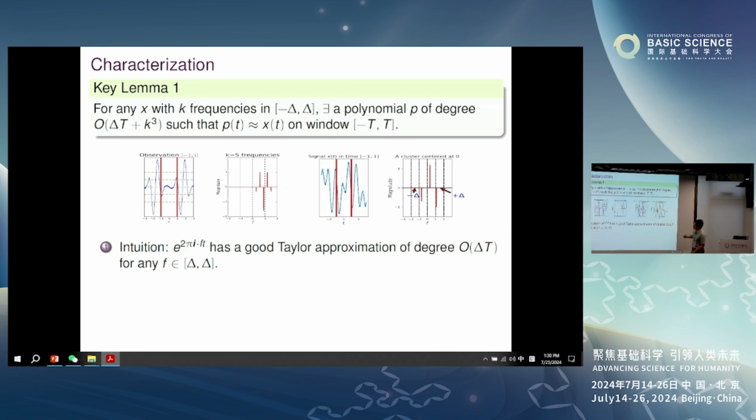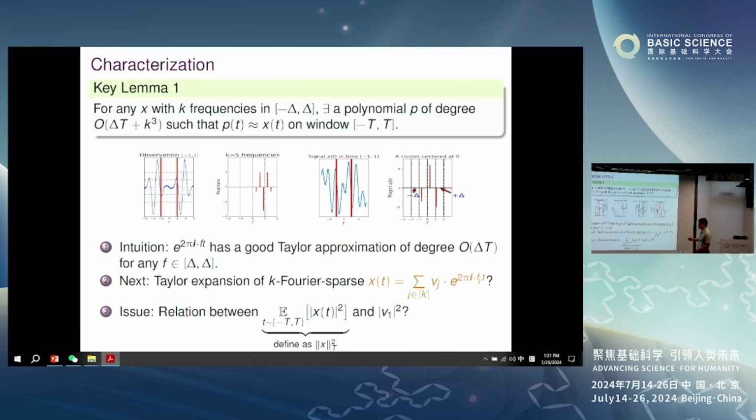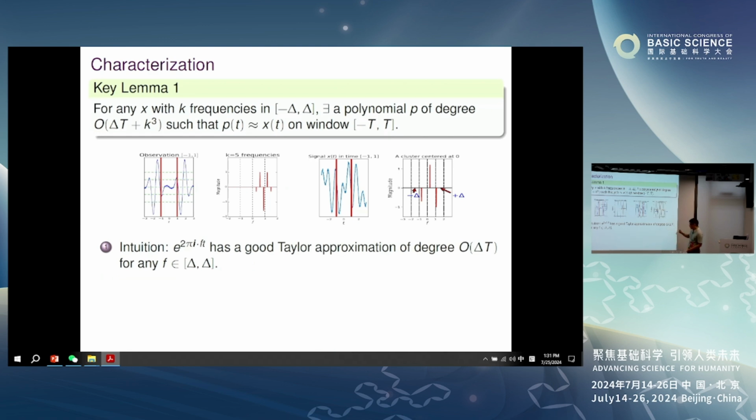I will try to give a sketch of how we obtain this lemma. To do this formally, we apply a net argument on the frequencies and then do a Taylor expansion. But due to the time limit, I will just discuss the Taylor expansion and the key component that supports this Taylor expansion.